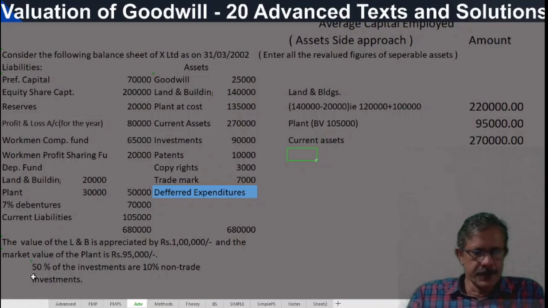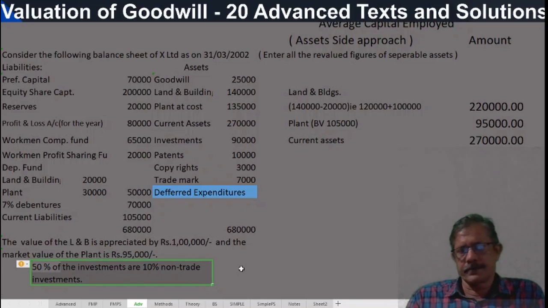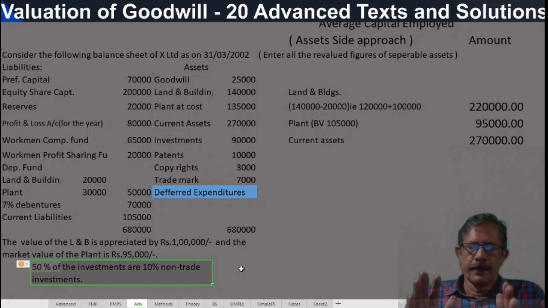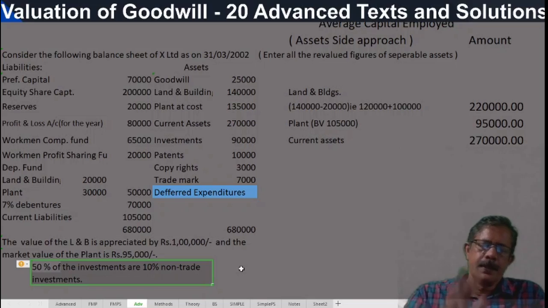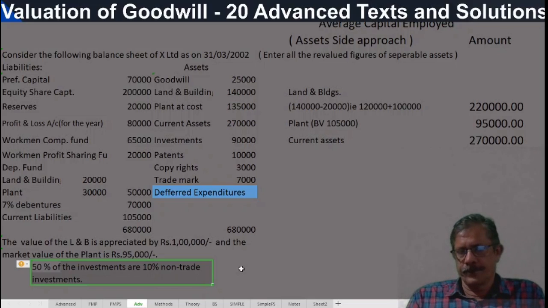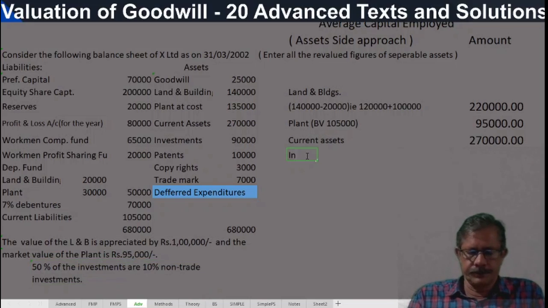Here it says 50% of the investments are 10% non-trade investments. So only 50% of the investment should be included here. So investments, how much? 90,000. Less 50%.